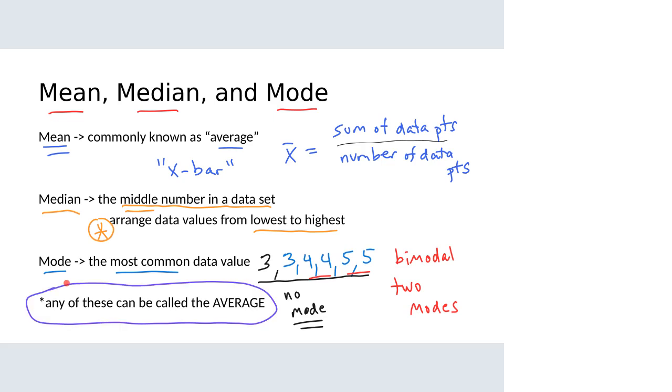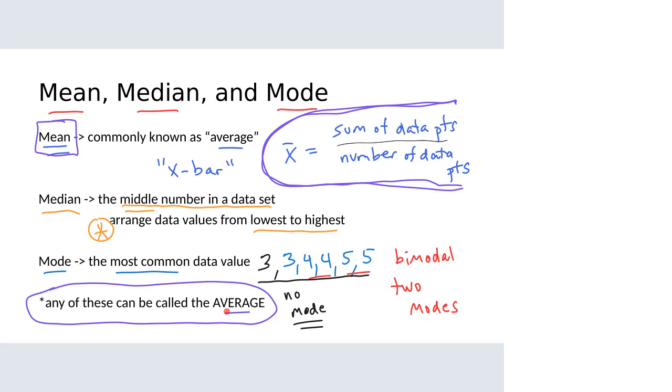Now, in daily conversational walk-around language, average means add them all up and divide by how many you have. But statistically speaking, if you're going to add them all up and divide by how many there are, you'd call that the mean. The word average can actually be used to mean any one of these numbers. The average could be the mean, the average could be the mode, the average could be the median.